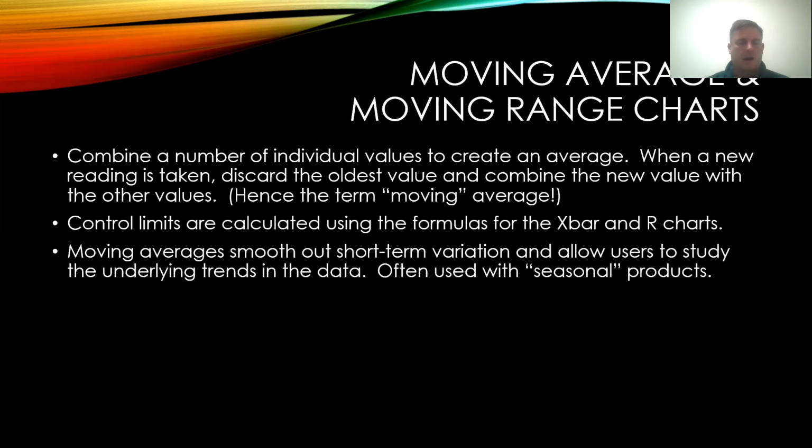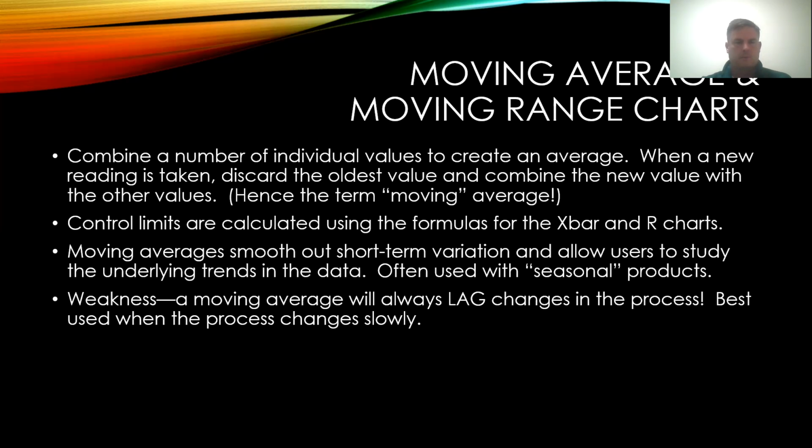It's trying to smooth it out so we can understand what we can predict using the averages. Seasonal products are like Christmas trees or farm goods, that kind of stuff.